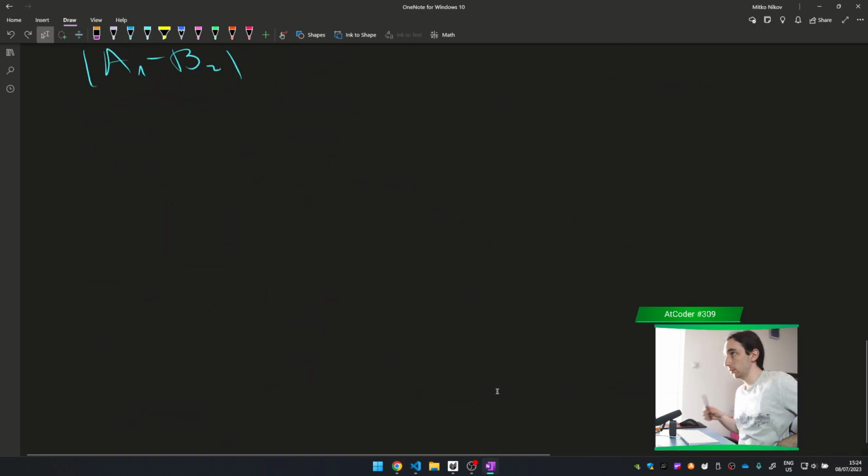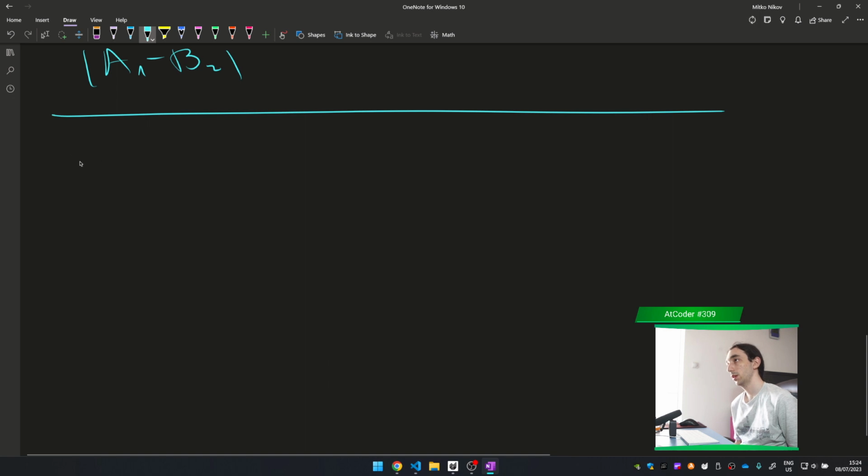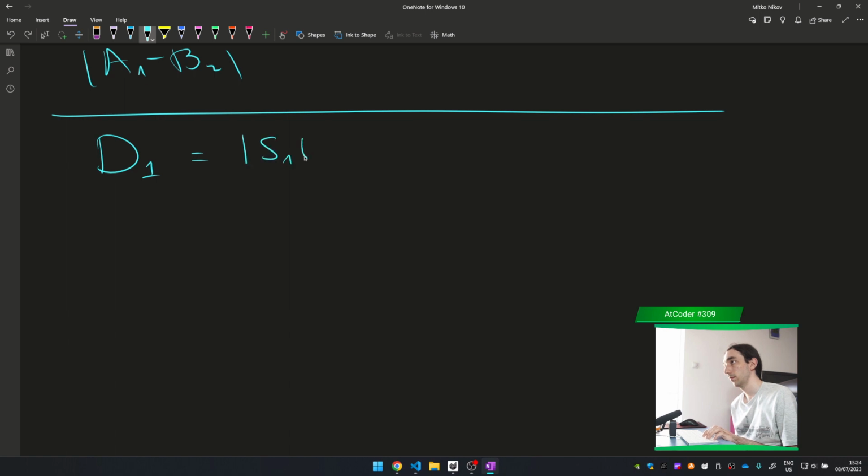So, okay, we define some functions. Our answer is n factorial minus... So let's first define d1 as the derangements, as they have defined, where they define these sets that fix objects.